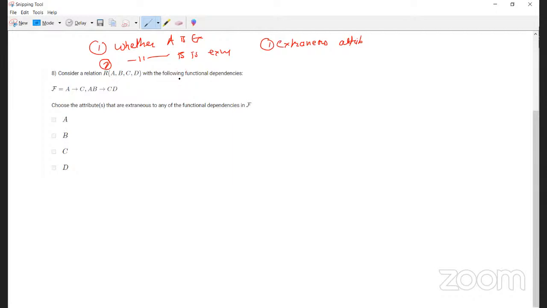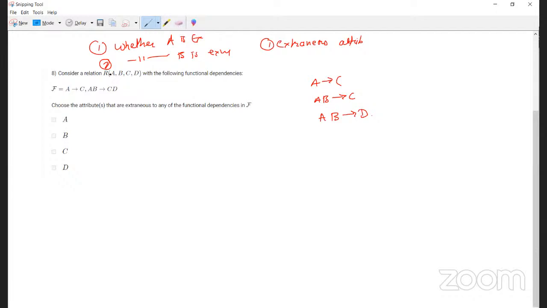After decomposition, what I got was A determines C, AB determines C, AB determines D. We know that A determines C by itself, so AB would also determine C. So B is an extra variable here in AB determines C, because we have already seen that A determines C. It does not need any other variable. So B is an extraneous variable.